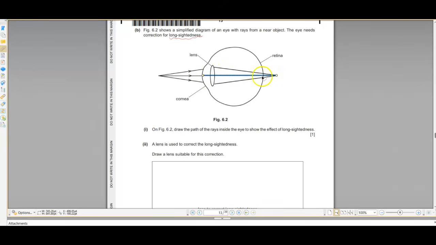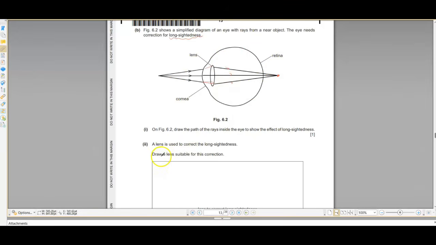It should converge on the retina, but they don't, and you can see they are converging at a point behind the retina. So this is the problem that we had to state. Okay, they are not focused at the retina.